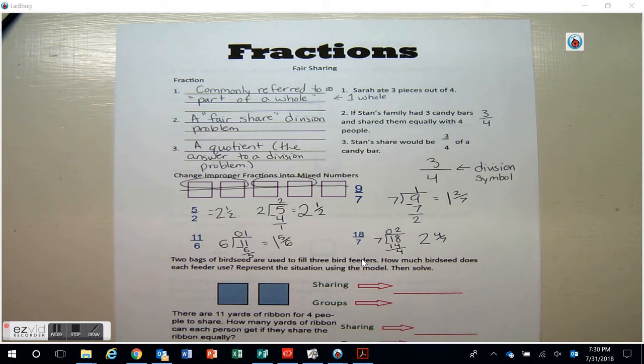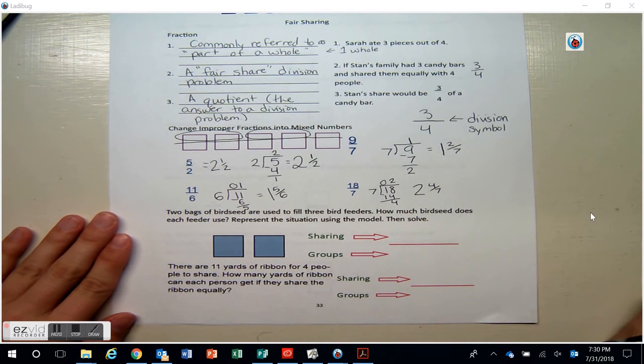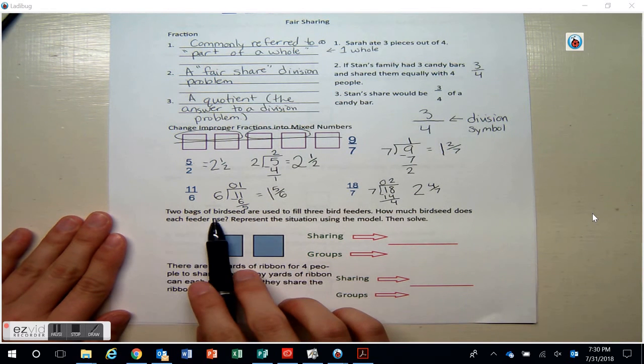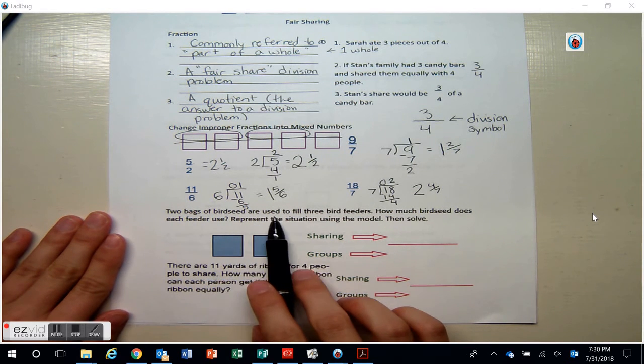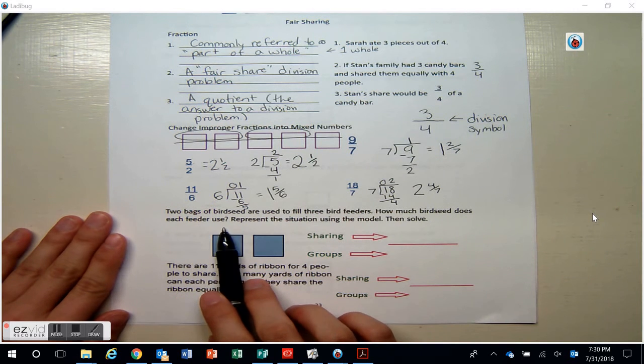Still trying to divide this 1 brownie into 2 groups. Let's continue to get some more practice, reminding ourselves how to change improper fractions into mixed numbers.